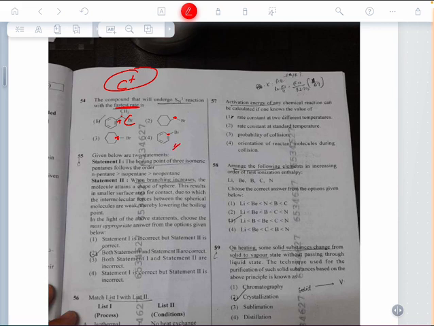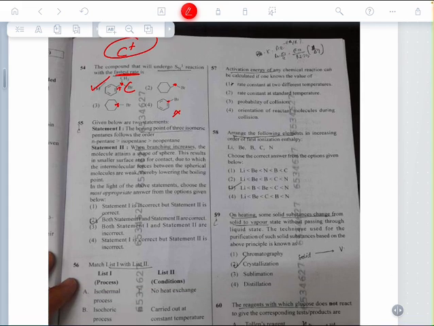So this will make this highly unstable. Among the four options, I can see that positive charge being at this position, it will be in resonance with the benzene ring. So the first one is correct.